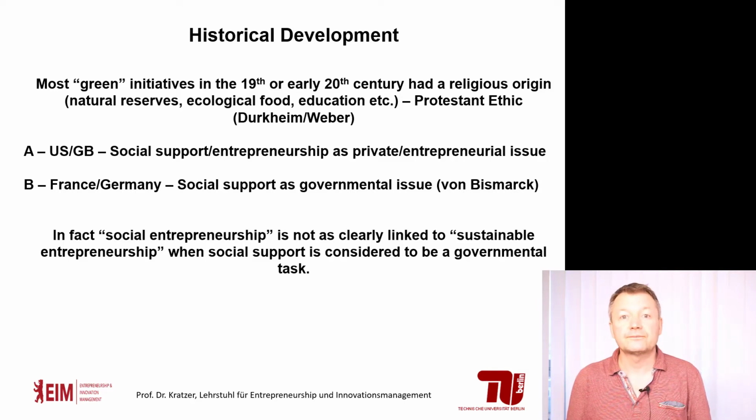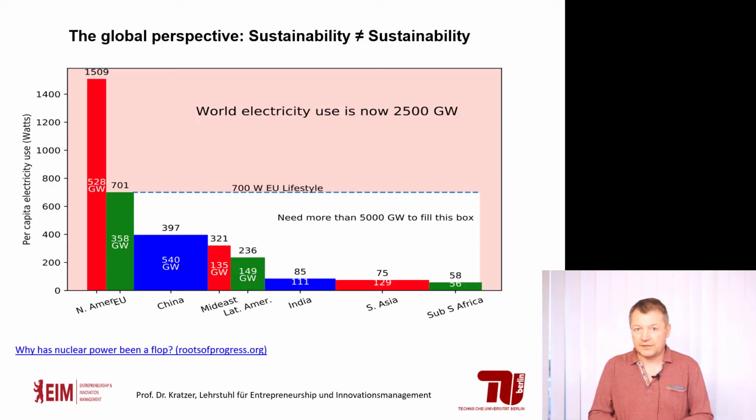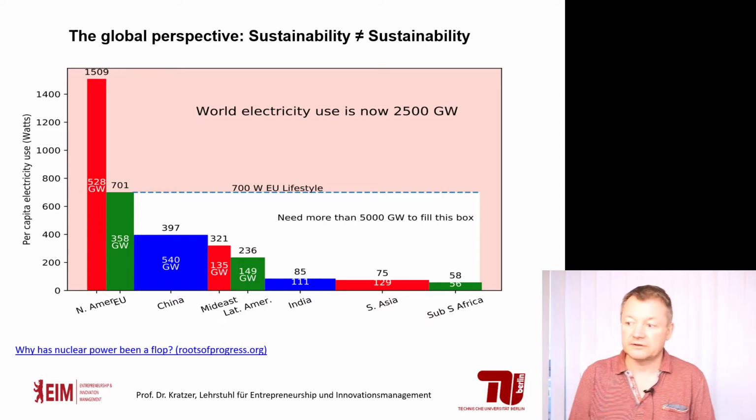Another view is the state of the art. If I look at the energy consumption, that's really dramatically different. If I look at Sub-Saharan Africa, Asia or India, they're hardly using energy compared to Europe or the United States.